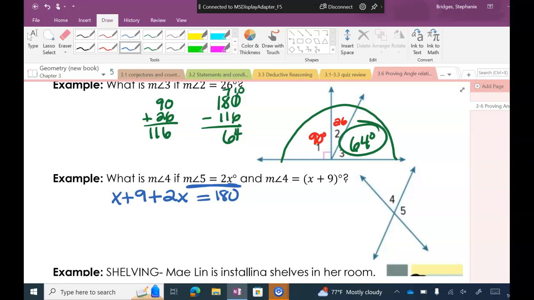Okay, it's not asking you for angle 5 in this case. It's just asking you for angle 4. So once you set your equation up, we can tell that they equal 180 because they are a linear pair. We're going to solve it for x, and then we're going to take that x and plug it back in to find the measure of angle 4.